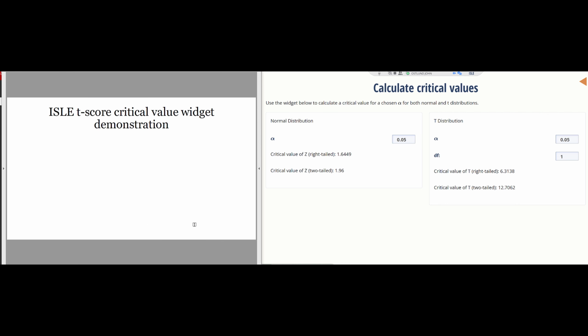All right, so let me show you the t-value for the t-distribution critical values. Here's our critical value tool over here. We want, as before, a 95% level of confidence.